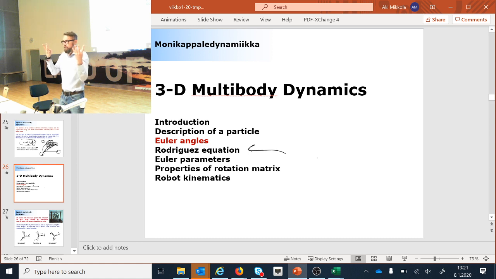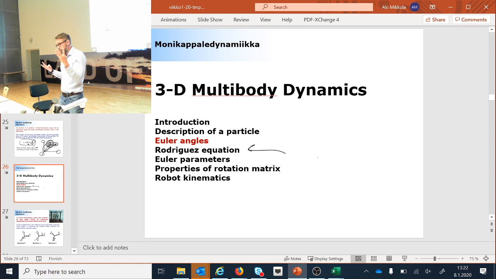So they are not matching. So I have to make them match. And how can I make them match? I can make them match by introducing some kind of constraint equation that is eliminating how these parameters can be selected. So they are not completely independent, but they are dependent on each other. And that's the trick based on 4 parameters.